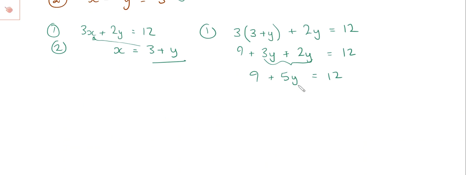At this stage, I would subtract the 9 to leave the 5y on its own. 5y is now only 3, and y is therefore 3 divided by 5, or if you prefer decimals, 0.6.